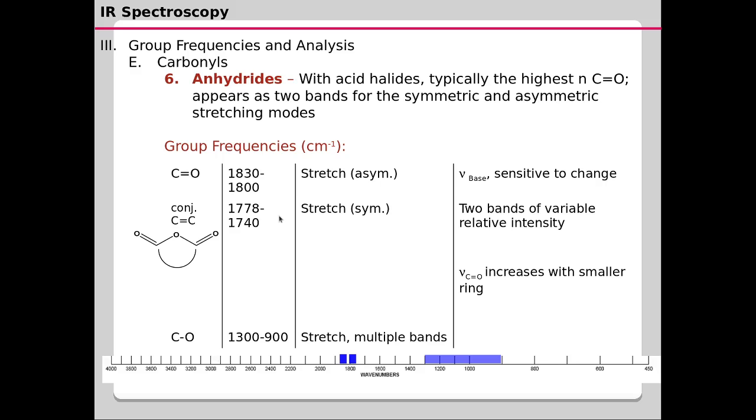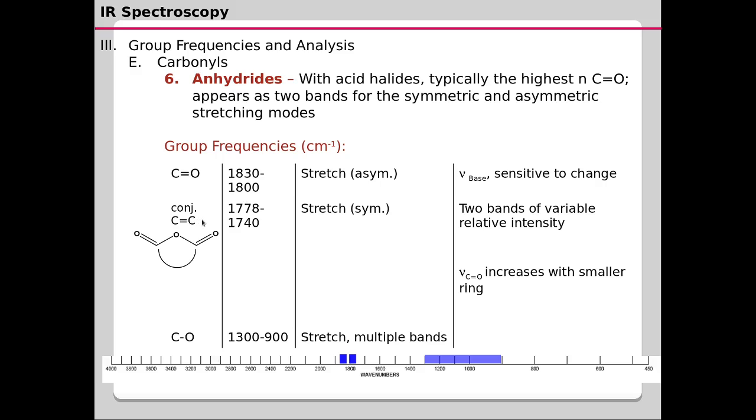And as for acid anhydrides, we usually have two carbonyl functional groups which are connected by a common atom in between, oxygen in between. So we expect these carbonyl functional groups to interact with each other through mechanical coupling, which usually results in the splitting of the carbonyl stretching frequency, and we see these bands between 1800 to 1830 centimeter inverse.